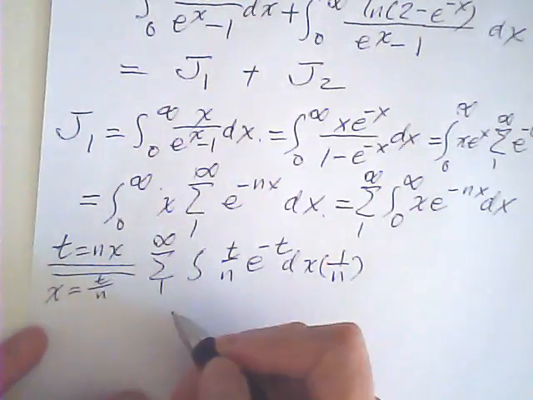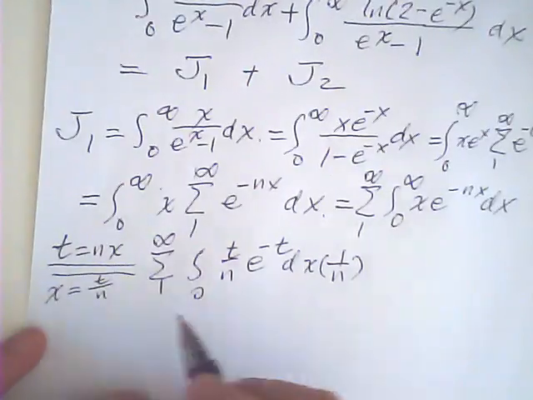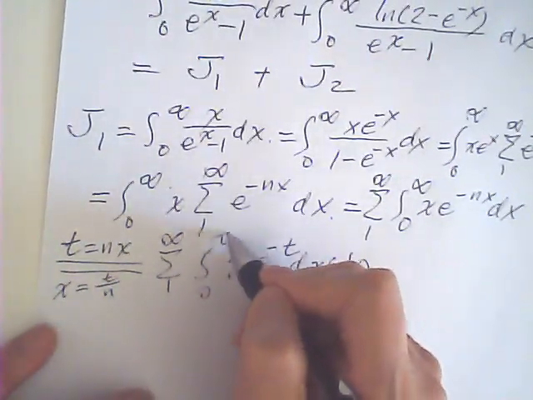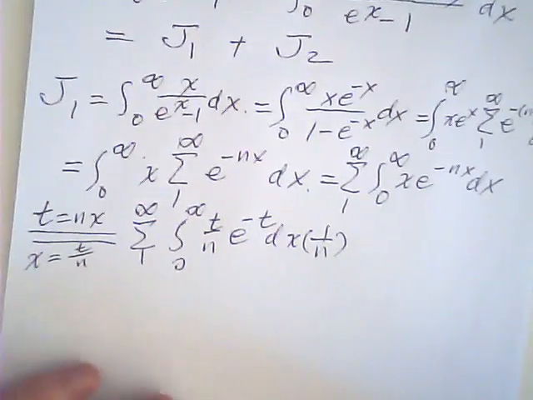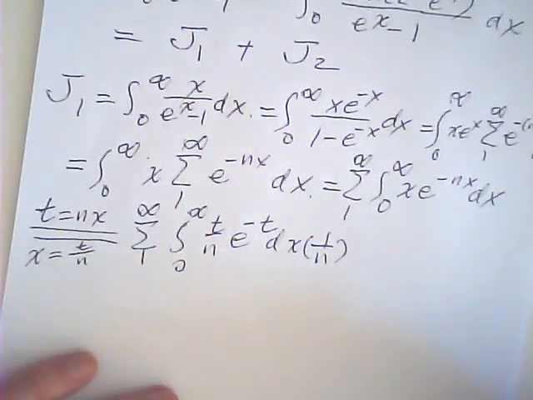When x equals 0, t is 0. When x equals infinity, t is infinity. No change.